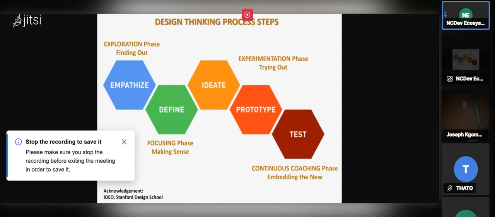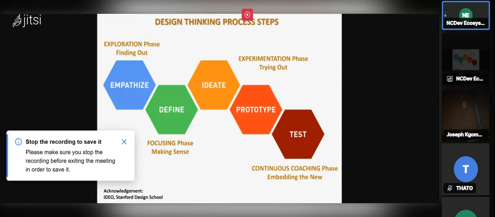When we are defining, we're trying to define and articulate the problem, right? Based on what we just did previously, understanding the behavior of our customers, looking at them, interviewing them, observing them, and just empathizing with them.